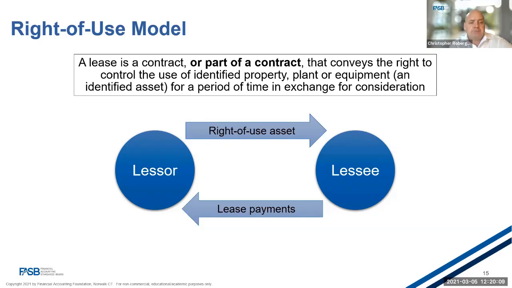A lessee will discount the remaining future lease payments, which are generally fixed, and will determine that liability of which the right of use asset is based on.